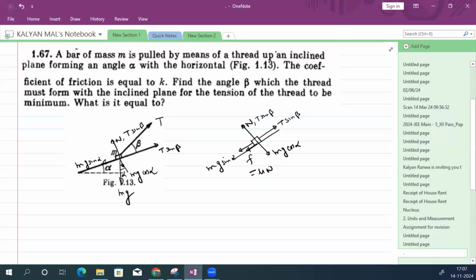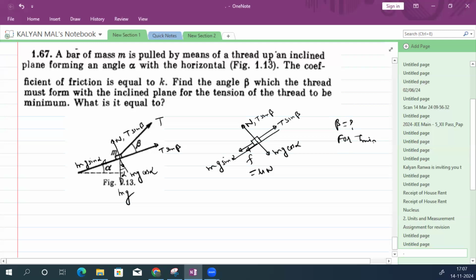So the tension in the thread should be minimum. What will be the angle beta for T minimum?